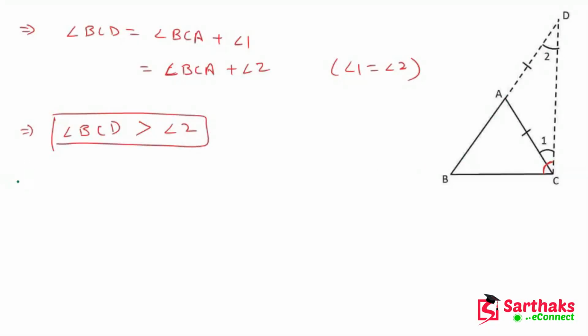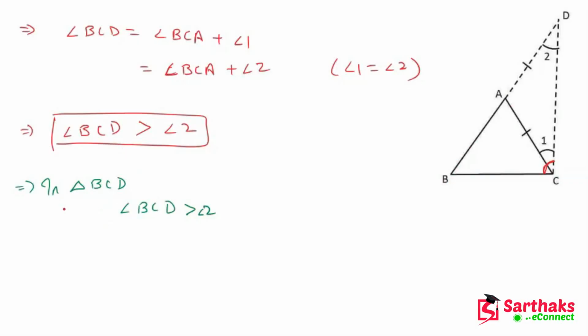Now in triangle BCD, angle BCD is greater than angle 2. So angle BCD is the larger angle, and we can say that BD is greater than BC by the previous theorem.